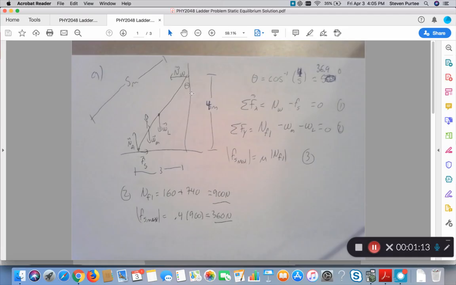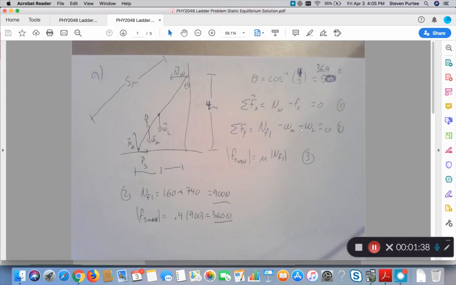Okay, we're in static equilibrium, which means the sum of our forces must be 0. So the forces in the x direction are this normal force against the wall and this frictional force. So those must be equal and opposite. That's going to come in handy. This frictional force is the same in magnitude as this normal force against the wall.